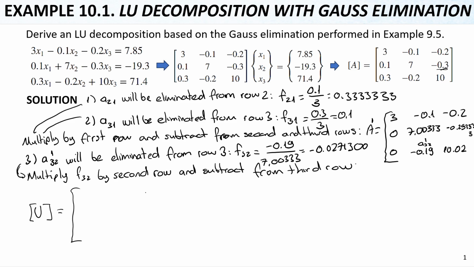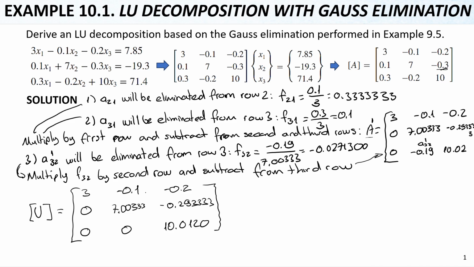And by the way, the third row means this. For the A prime, we will do the third operation. And in here, the first term is the same, 3, minus 0.1 and minus 0.2. The second is the same again, 0, 7.00333 and minus 0.293333. But the last term becomes, this term will be 0, and the last one, when we multiply, becomes 10.0120. So this is our U matrix.